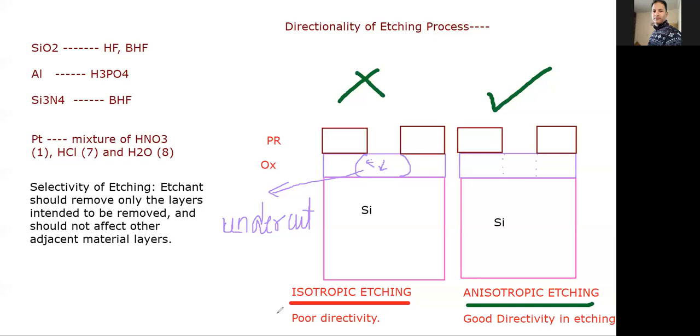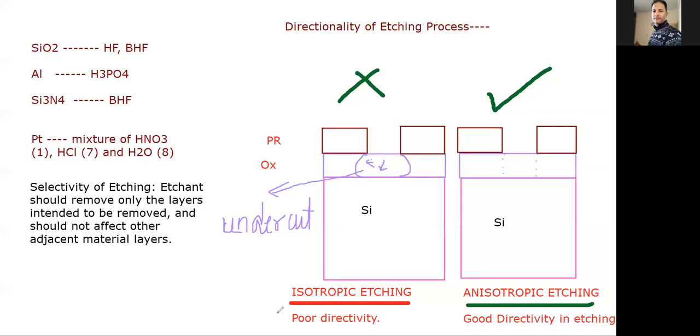And the second property is directionality. Directionality-wise, we want our etching to be only in the vertical direction, and there is no horizontal etching. If there is no horizontal etching, we will have perfect vertical windows being cut through the material layers.